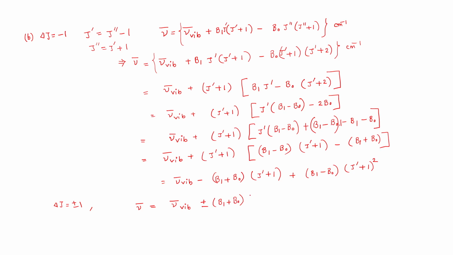There was plus minus 2B, here you are getting B1 plus B0, and you already know this is the negative part you are going to get, in both the cases. You should read what the effect of that negative part is in Banwell's book, as I have already told you.